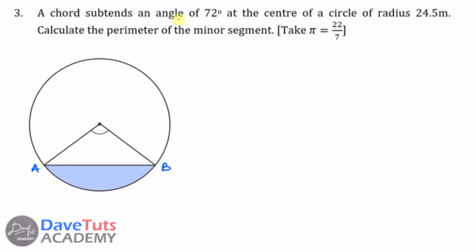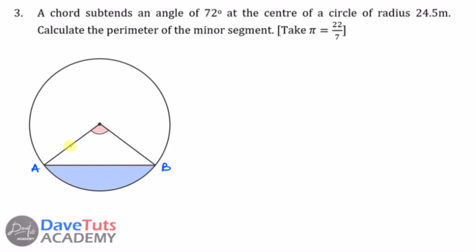Now, meaning that it's subtending an angle of 72 degrees at the center, we mean that what we are looking at here, this angle, is 72 degrees. Okay, but I'll just come to that later. Then the circle is of radius 24.5 meters.